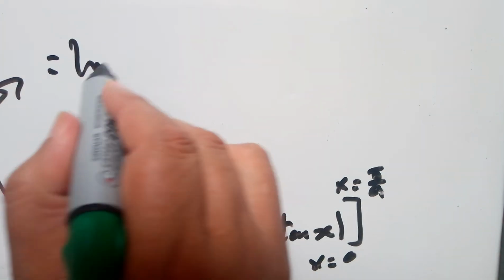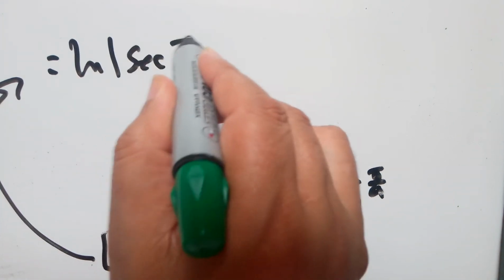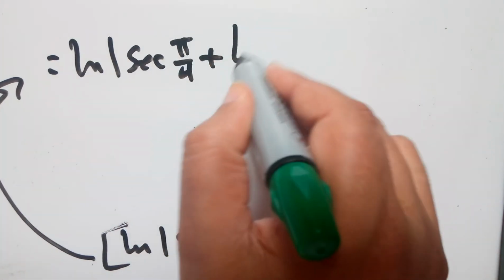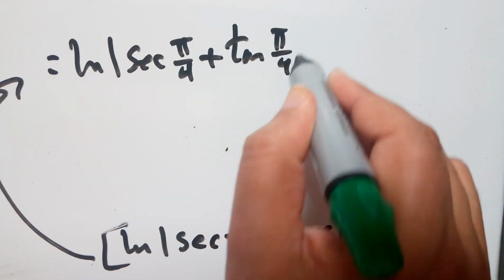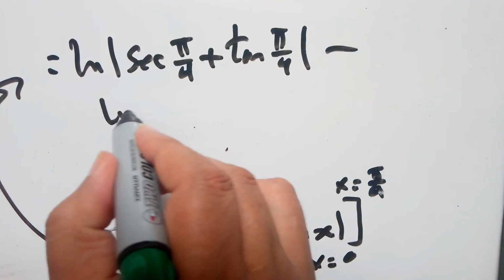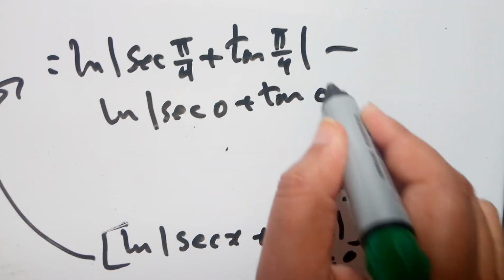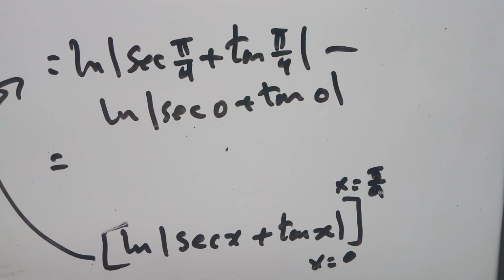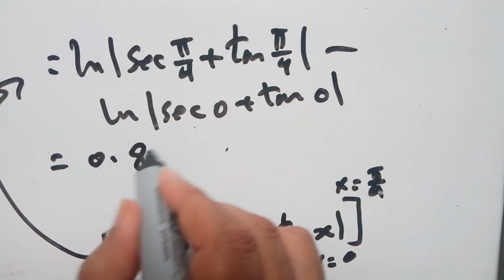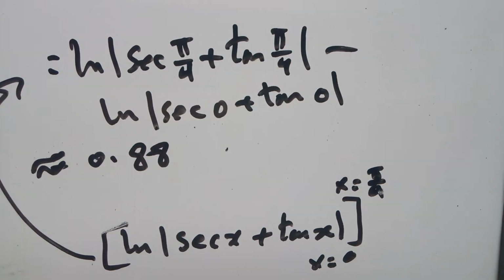It will be ln absolute secant pi over 4 plus tangent pi over 4 minus ln absolute secant 0 plus tangent 0. If you use your calculator, it will be 0.88 roughly.